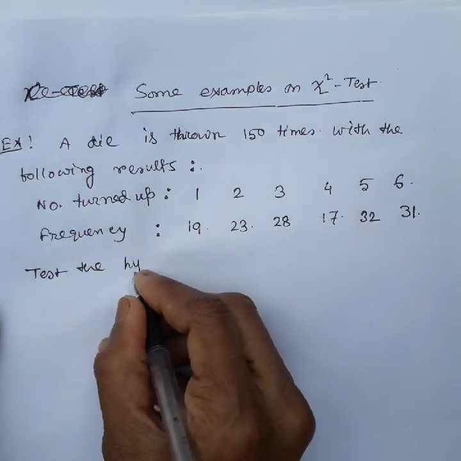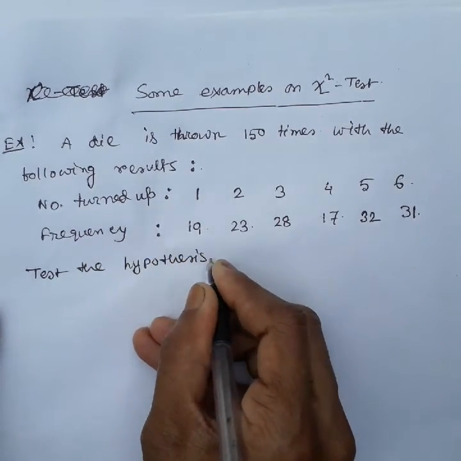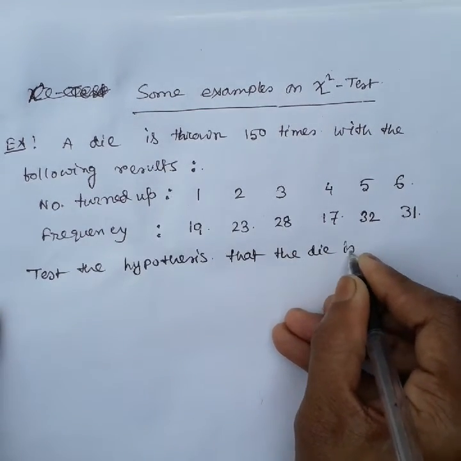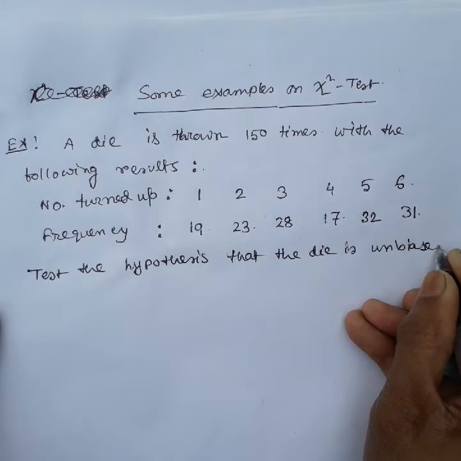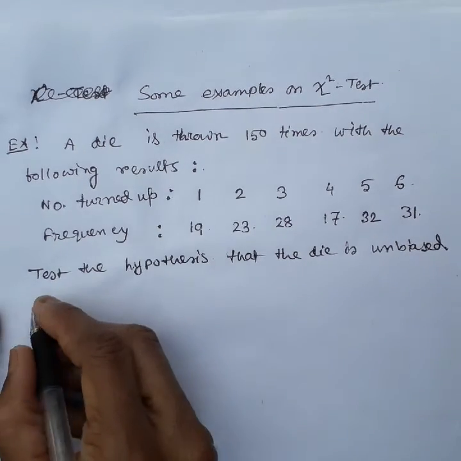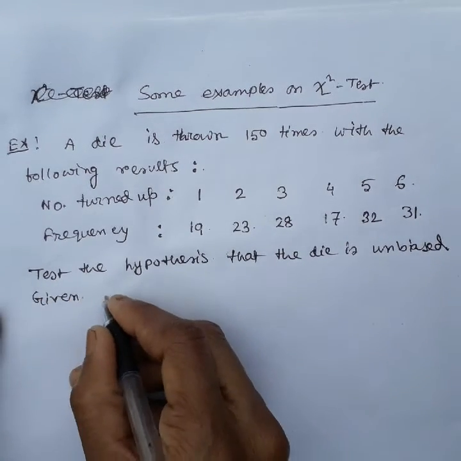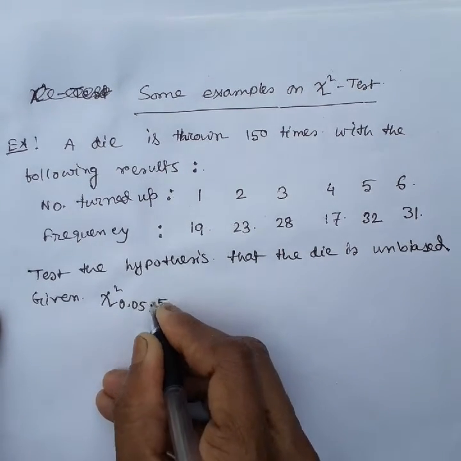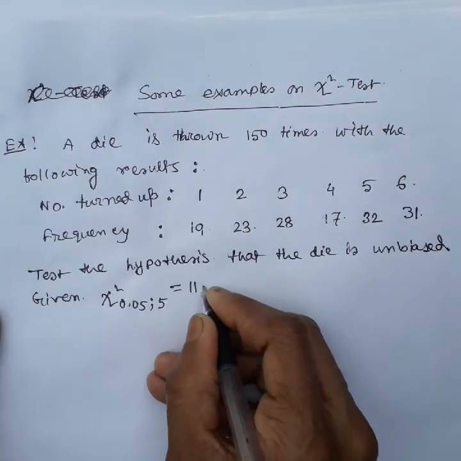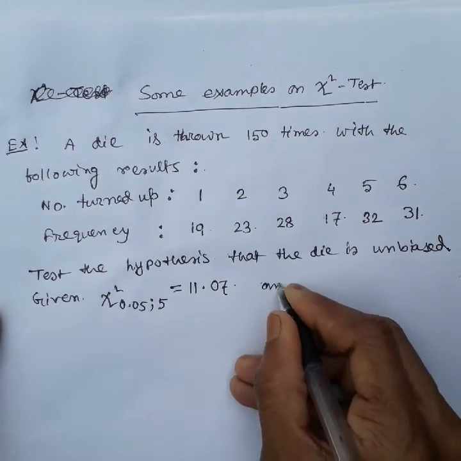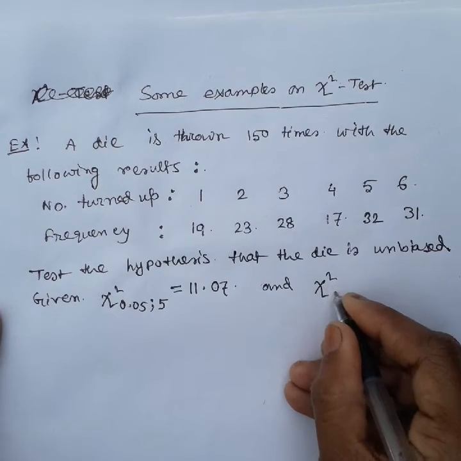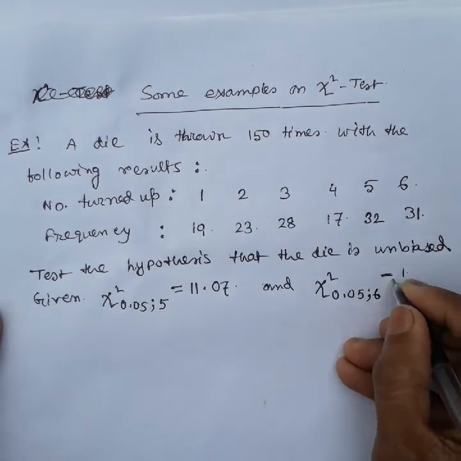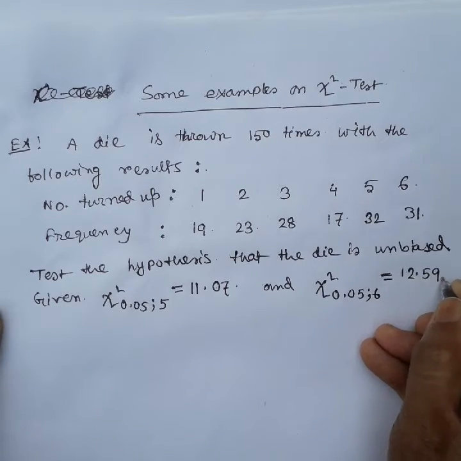Test the hypothesis that the die is unbiased. Given chi-square 0.05 at 5 degrees of freedom is equal to 11.07 and chi-square 0.05 at 6 degrees of freedom is equal to 12.59.